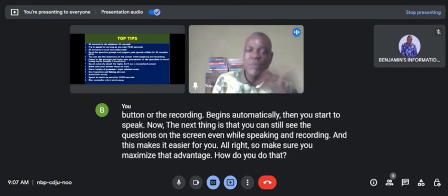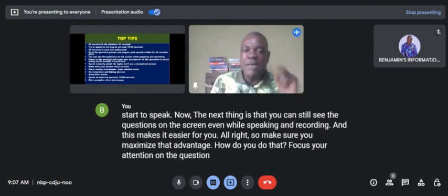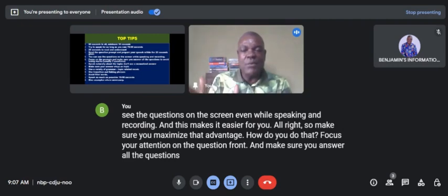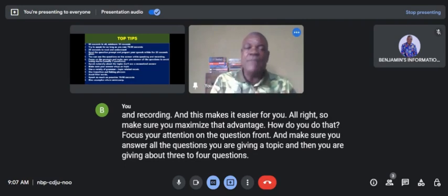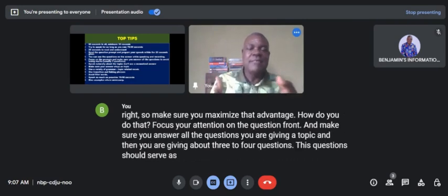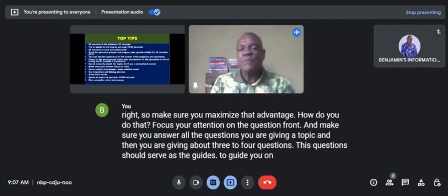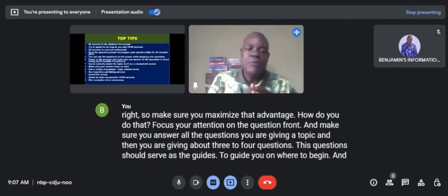Focus your attention on the question prompt and make sure you answer all the questions. You are given a topic and then you are given about 3 to 4 questions. These questions should serve as a guide on where to begin and where to stop.